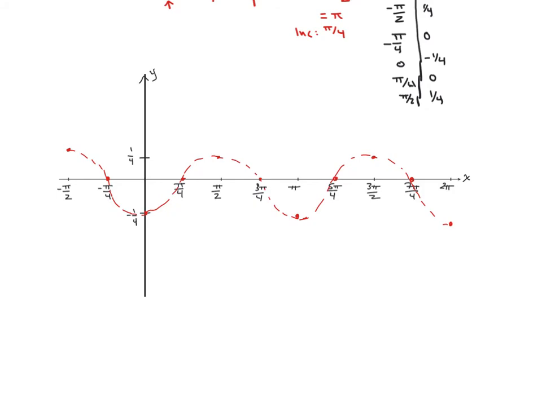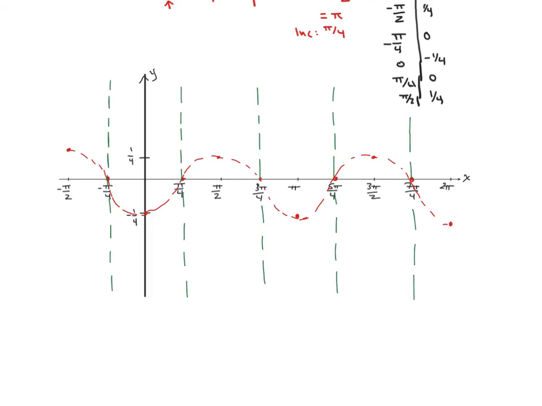Now our vertical asymptotes are where the curve intersects the line of oscillation. And now for the shared values. And we can draw the curve.